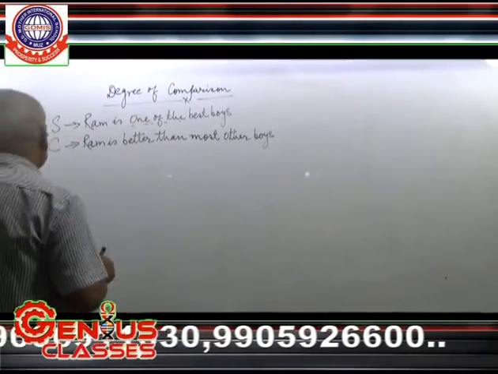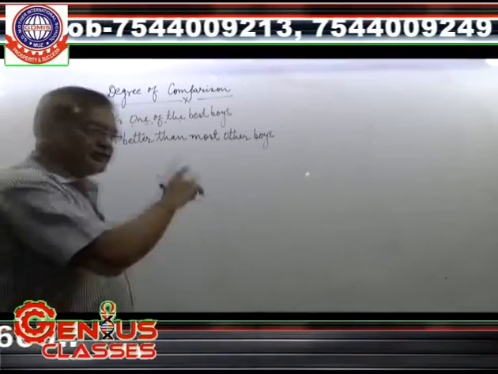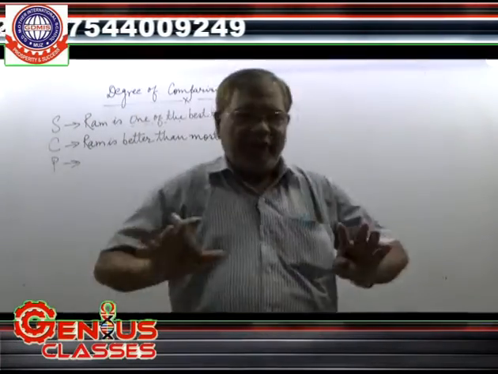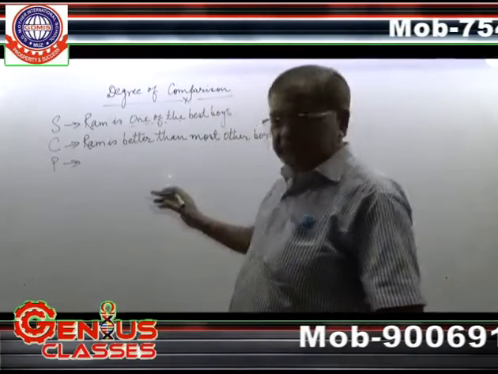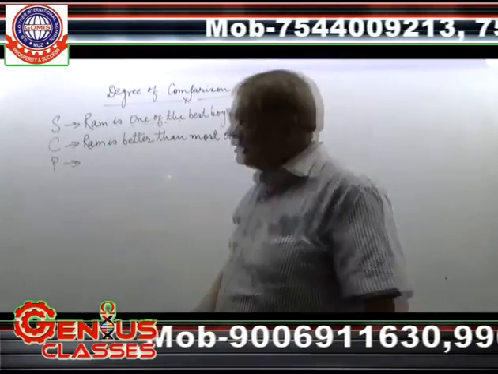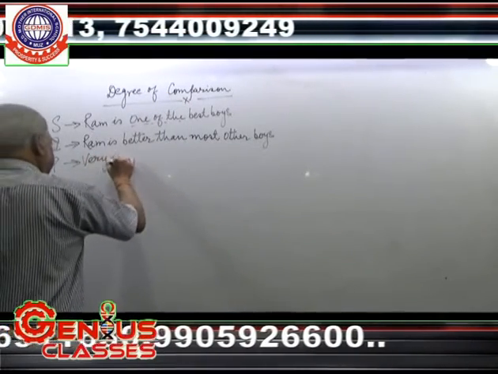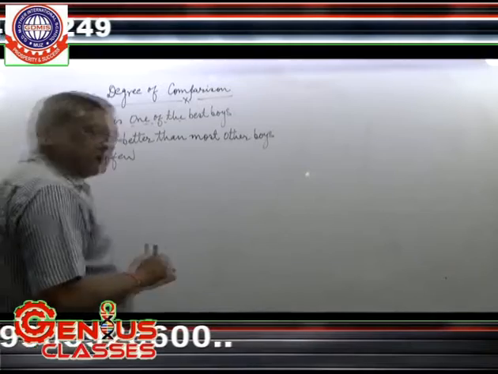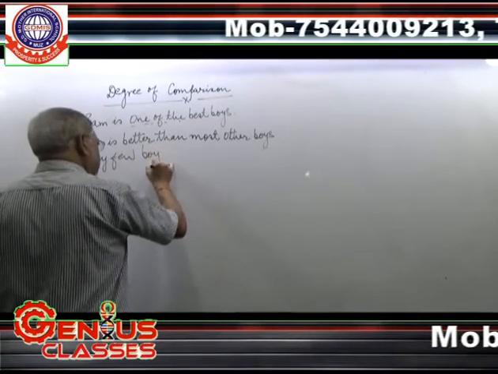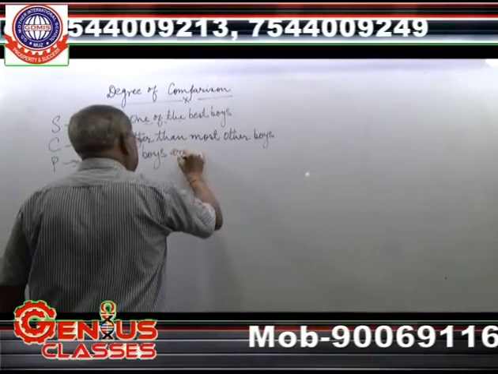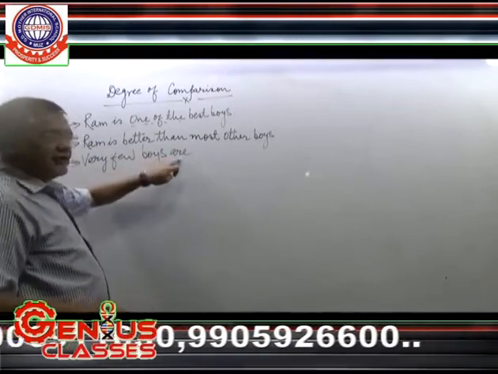Now, for positive degree, in the first case it was general, so we had started from no other. But here, in case of positive degree, we should start with very few. Very few boys are, because very few boys is plural, so are should be written.